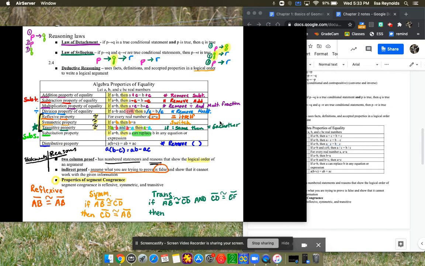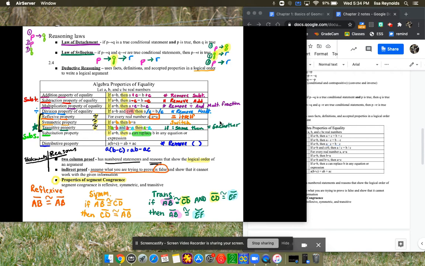So because my segment CD is congruent to both segment AB and segment EF, I get a new congruent statement saying that those items are congruent to each other. So if they're congruent to the same segment, then they must be congruent to each other.